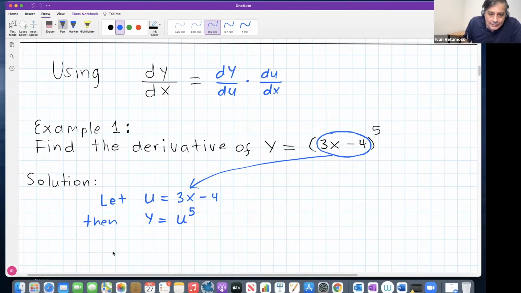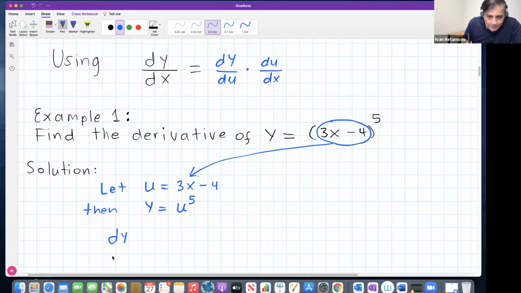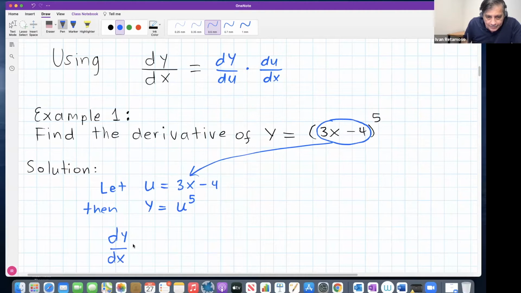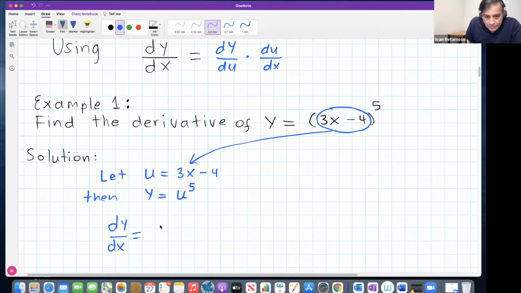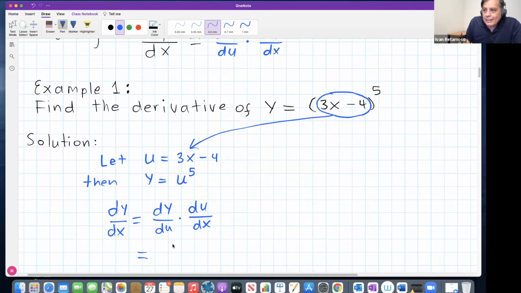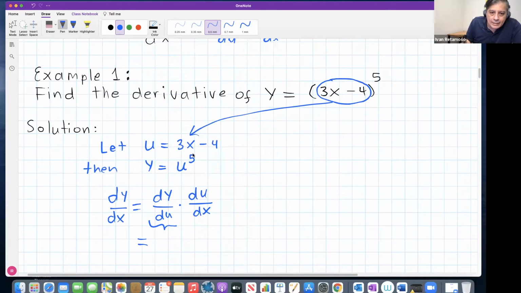Now you say, okay, derivative of y with respect to x, according to the first form of the chain rule, should be derivative of y with respect to u times derivative of u with respect to x. The derivative of y with respect to u, when y equals u to the 5th, should be 5 comes down, u stays with one less, 4.